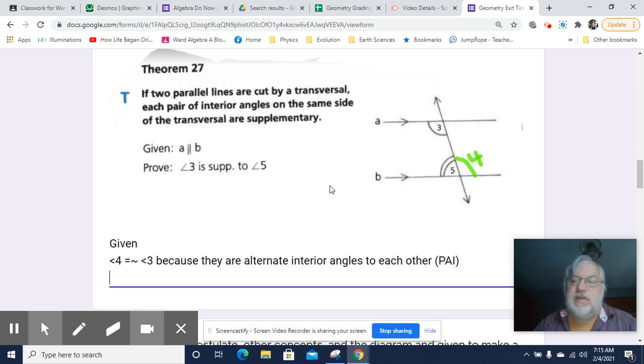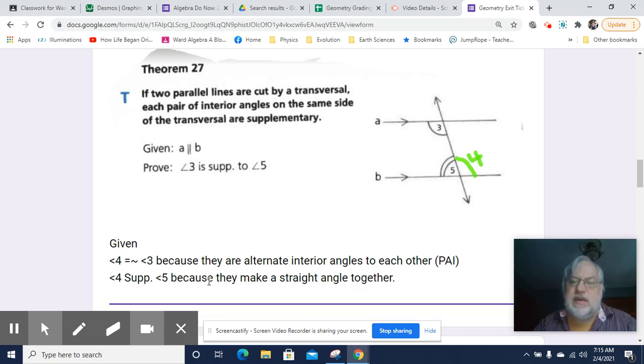And then with that, we can say angle 4 is supplementary to angle 5 because they make a straight angle together.